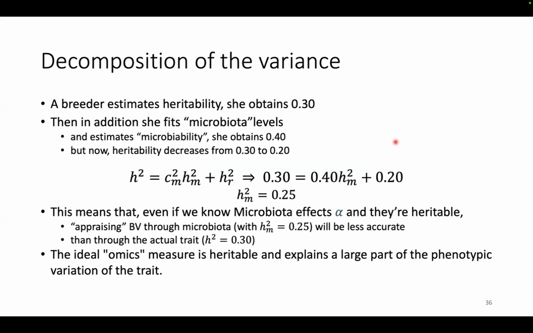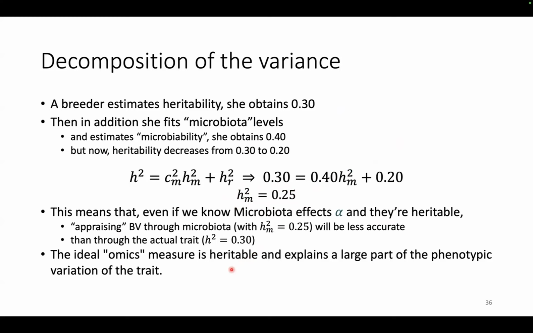So coming back to our example, if you do the mathematics and solve the equation, the heritability of our microbiota levels would be 0.25. So it's not very high, it's not zero either. The ideal omics measurement is something that is heritable, because then you can select based on that.